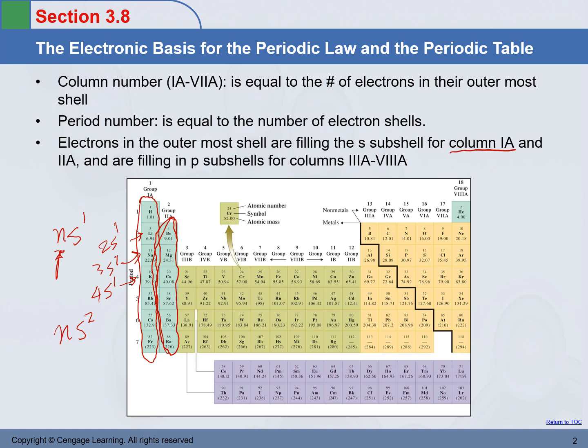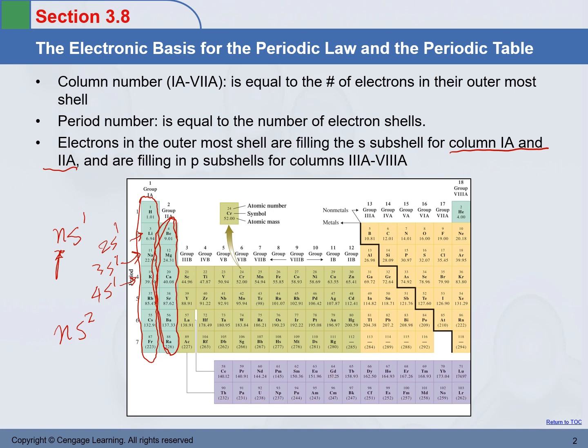For column 1A and 2A, electrons are filling in the S subshell. What if there are 3 electrons in their outermost shell? Well, you cannot put anything into S anymore. S has 2 now, already fully filled. The next one will go to the P subshell.